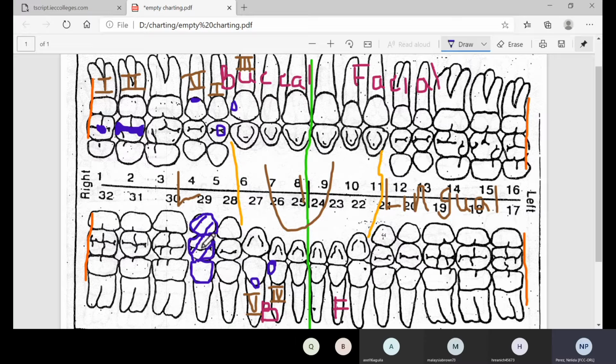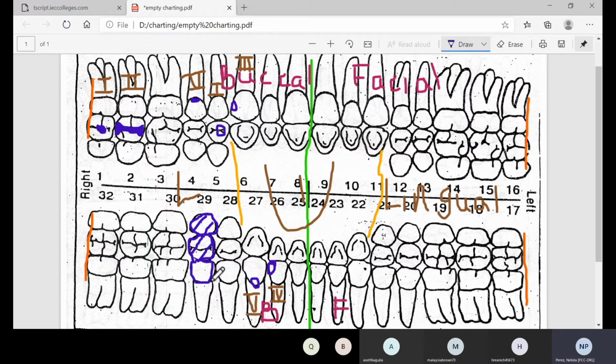So the crosshatch lines, these lines that I made diagonally, represent what? Does anybody know? Gold. Gold or metal. So the crosshatch lines represent gold or metal. But notice how on the buccal side, the buccal or the facial side, there is nothing on it.